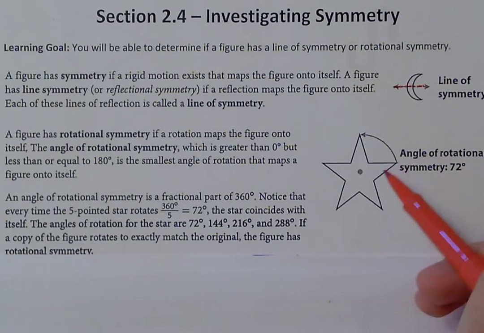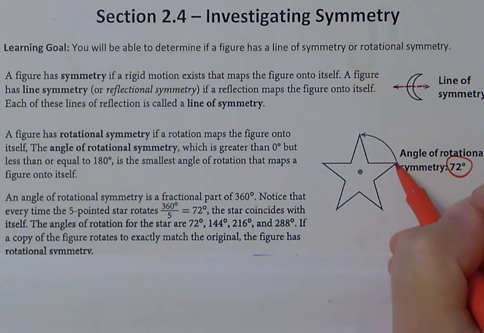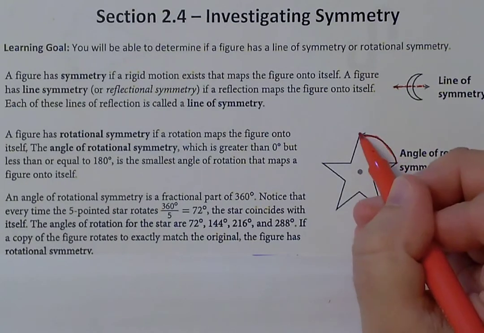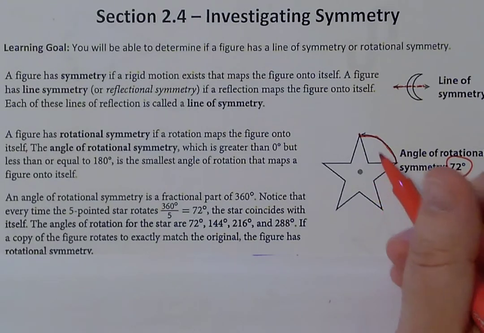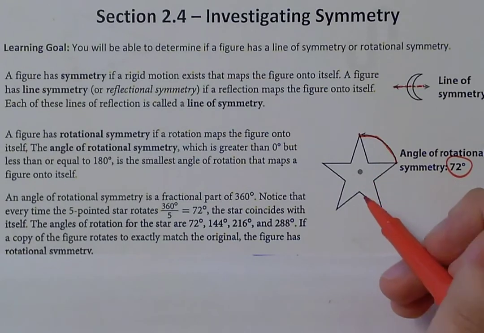So with my 5-point star here, my angle of rotational symmetry is 72 degrees. That means if I rotate it 72 degrees counterclockwise, this point would end up here, and all the points and all the sides would match up perfectly. So rotational symmetry means that I can rotate that shape and it maps back onto itself.